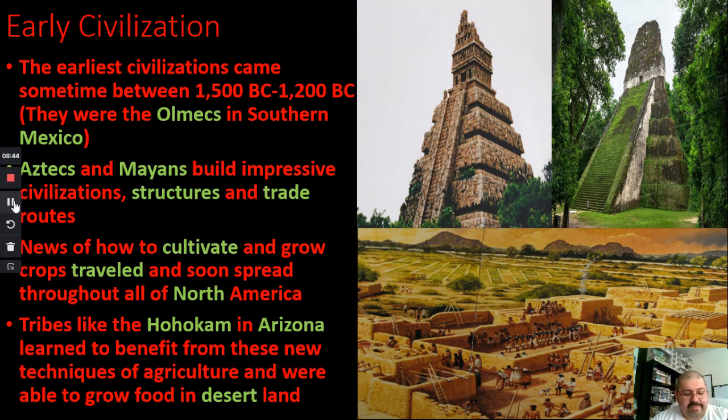And it got pretty impressive, to the point where tribes like the Hohokam in Arizona, and if you've ever been to Arizona, it's desert land. It's hot. It's still like that to this day. But this tribe, from learning how to cultivate using irrigation and getting water to them, were able to grow food in the desert. As you can see from this bottom picture, this is a representation of their homeland. And it was pretty impressive.